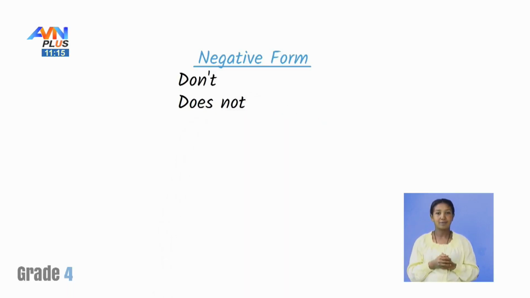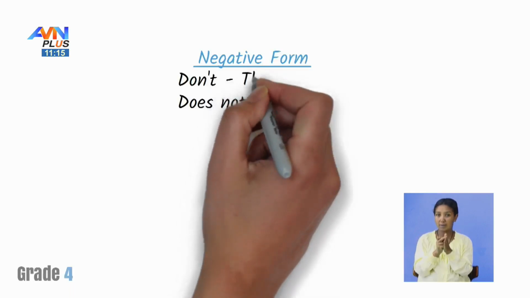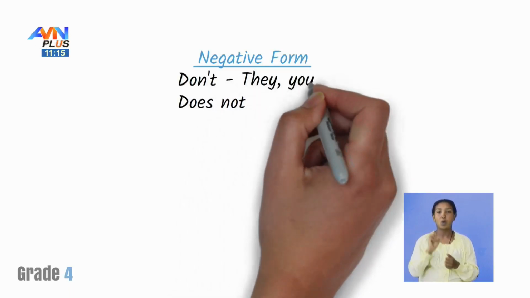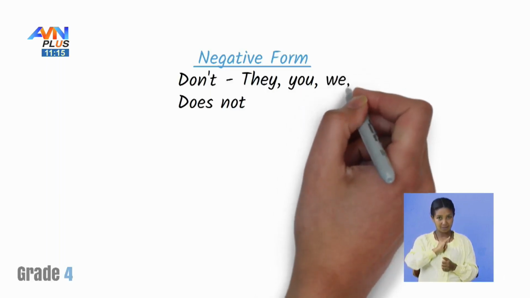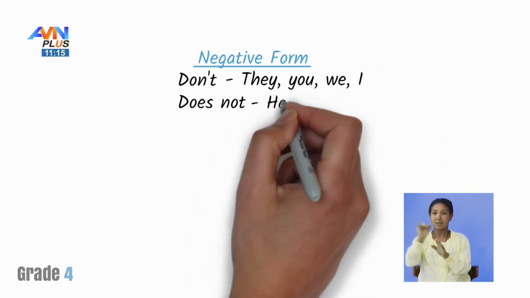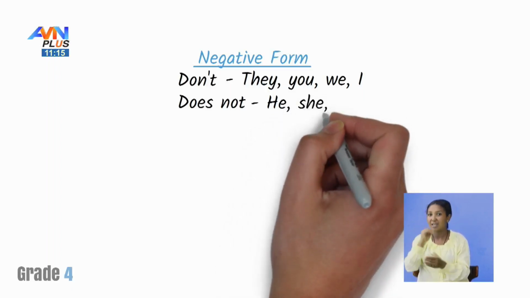It is the same rule as before for interrogative questions: they, you, we, and I use do not, and does not is for he, she, and also it, the singular subjects.